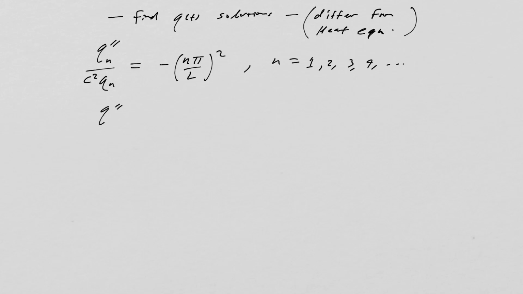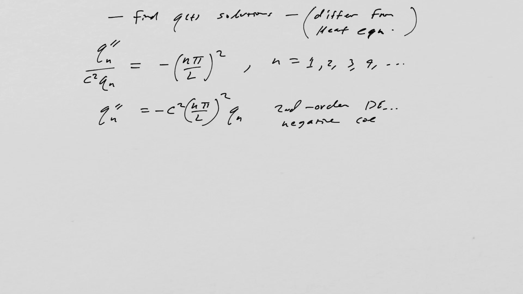Okay, so we have Q double prime of n is equal to c squared times negative n pi over L quantity squared times Qn. This is a second order differential equation with a negative coefficient.